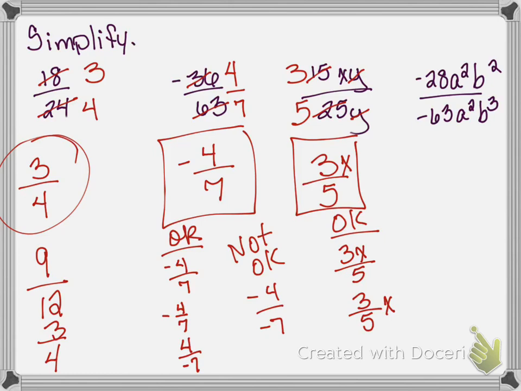What is not okay is for that x to be in the denominator. So you can't have 3 over 5x. That means something different. The value is different. The most often thing I see is that right there.